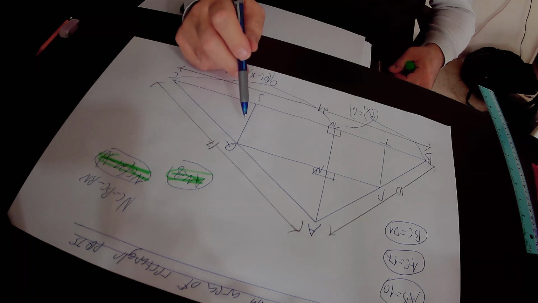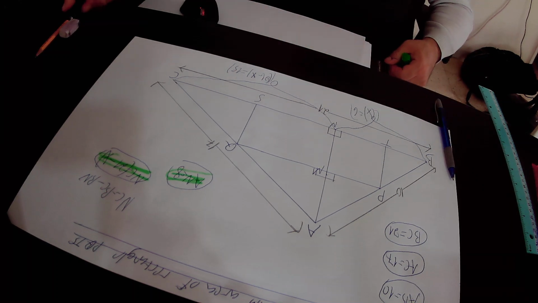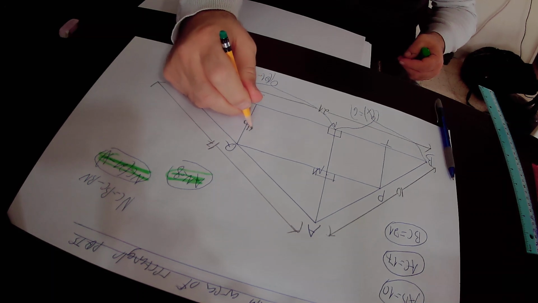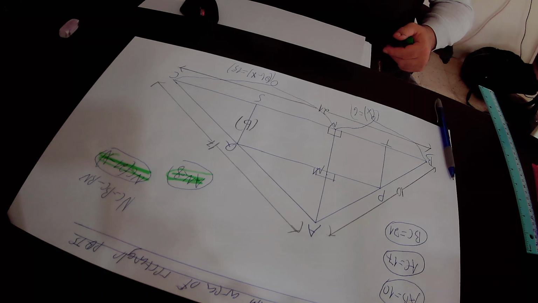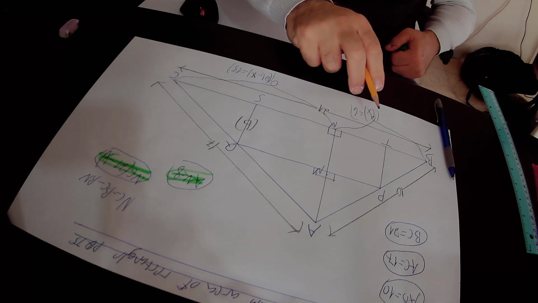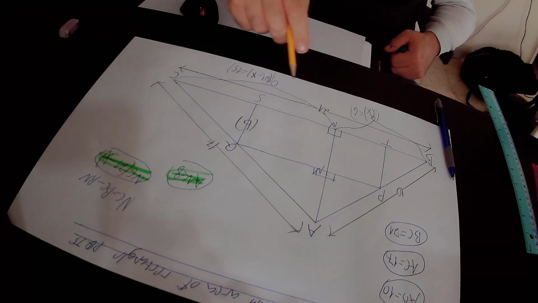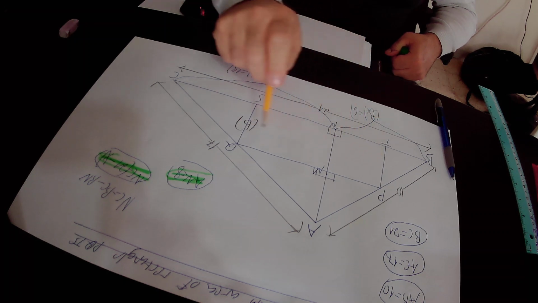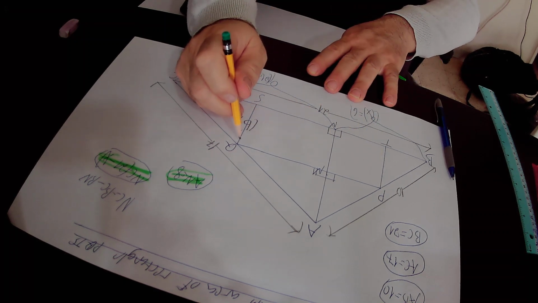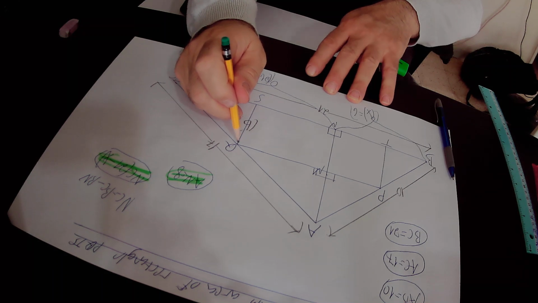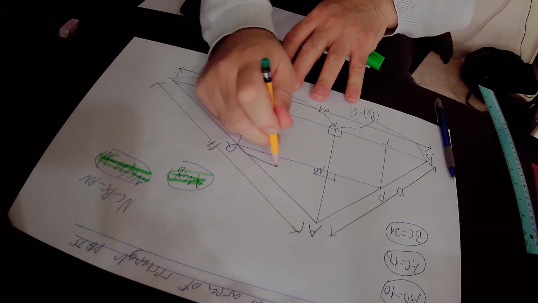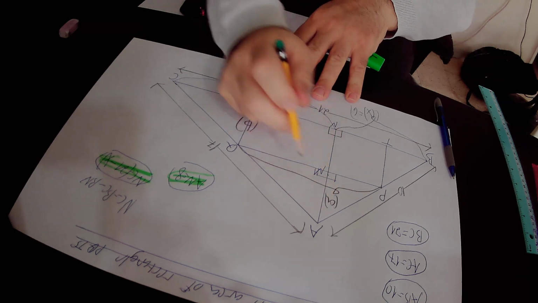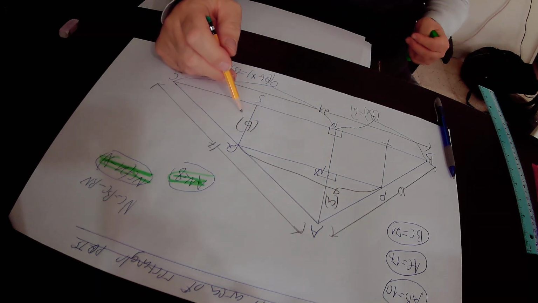We define the width QS as B. So QS equals B according to our definition, and we define the length of this rectangle PQST, that is to say the length PQ, as A. So here PQ equals A according to our definition, and the length QS equals B, also according to our definition.